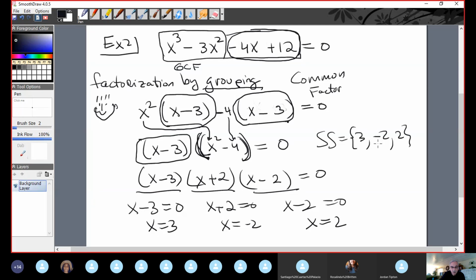In the first one, we apply greatest common factor and factorization of a trinomial. In this second example, we apply factorization by grouping. You have to remember that. And also difference of a square: 2 techniques of factorization. Factorization by grouping, number 1, and difference of the square, the second.